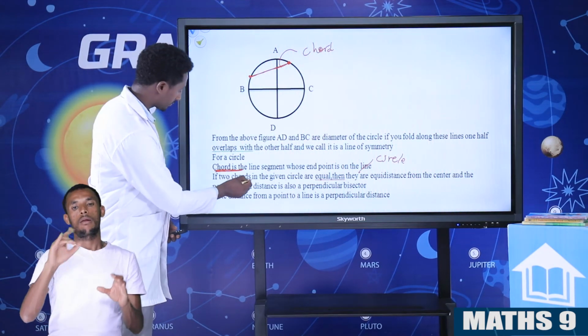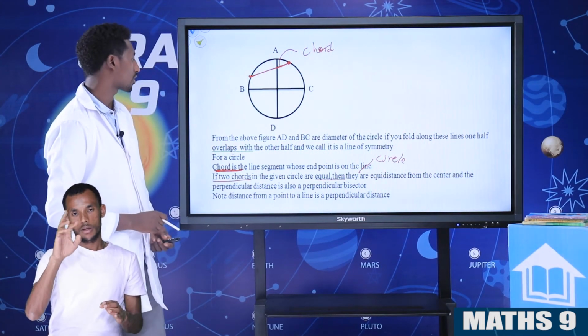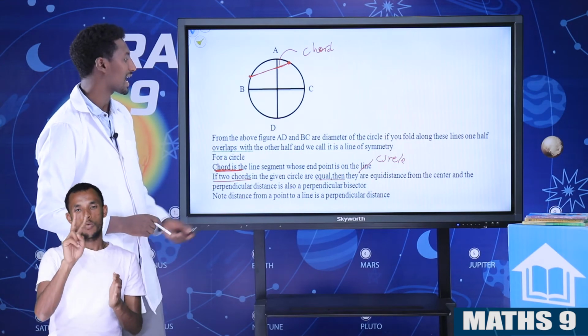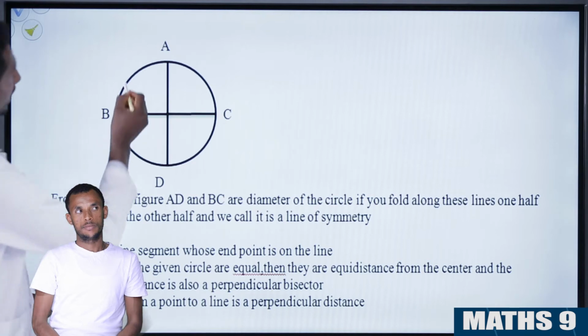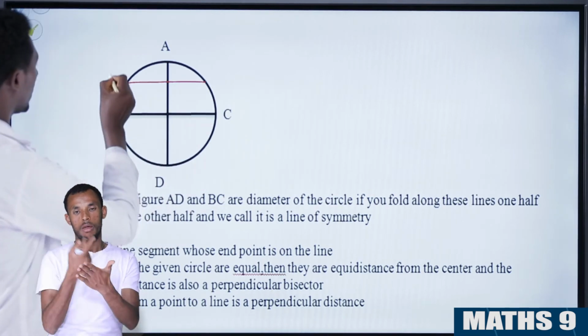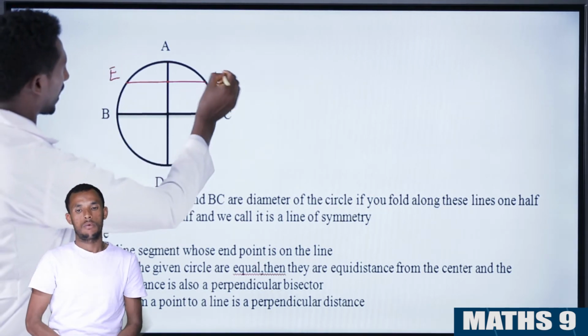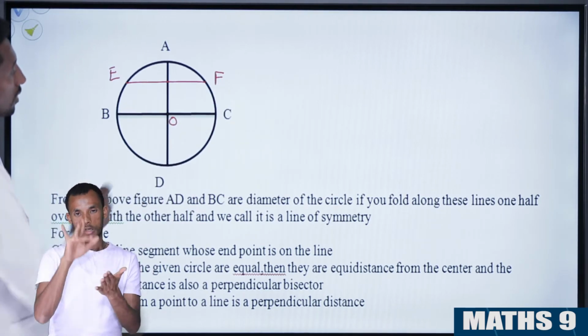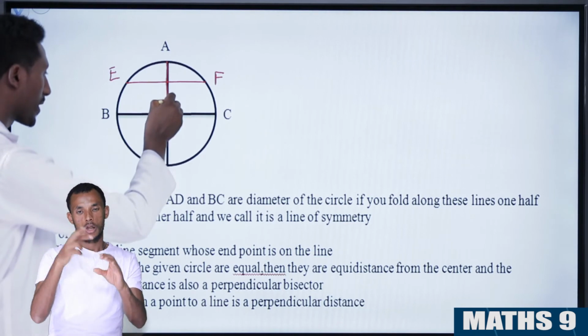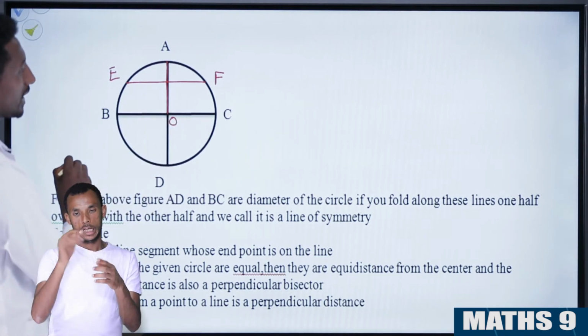Another point: if we take a chord in a given circle, here, let's take this one, EF. Let's denote the center with O. So the radius perpendicular to the chord is a perpendicular bisector of chord EF.